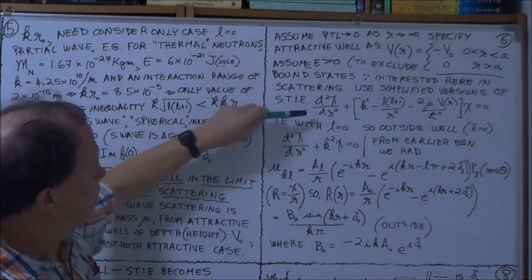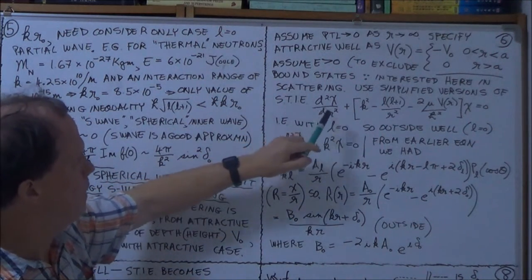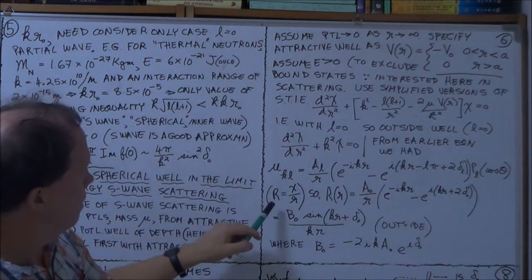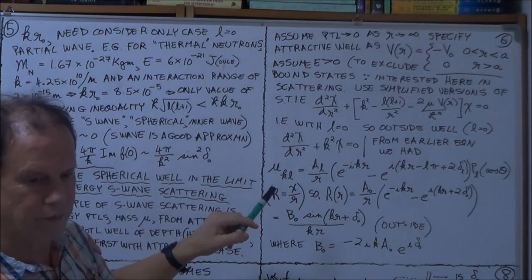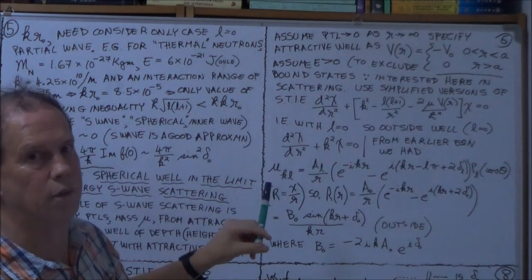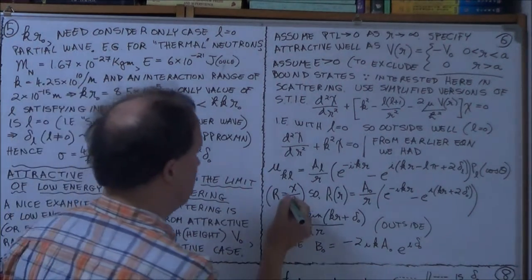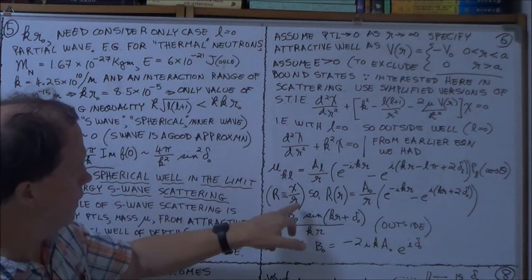Now, I've written out again from an earlier session the Schrödinger equation in terms of chi. Big R was the radius-dependent part of the Schrödinger wave function, and you defined it as chi over r.